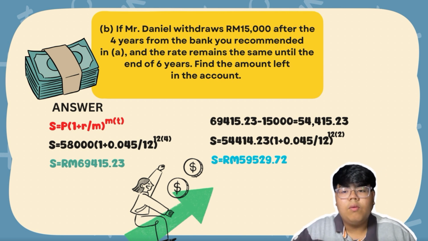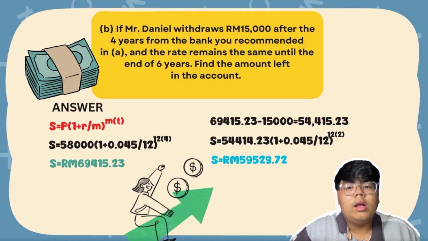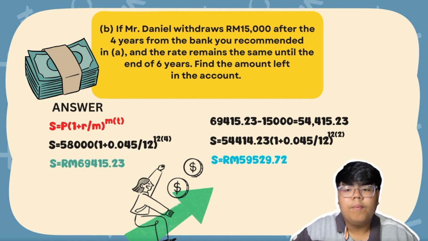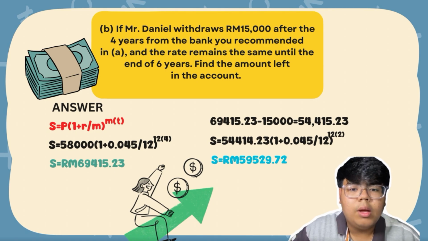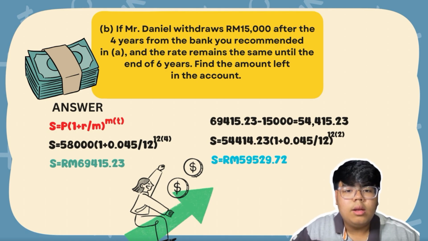After filling in the information to the formula, we get 69,415 ringgit 23 cents. After that, we need to subtract 15,000 and the balance in the account is 54,415 ringgit 23 cents.